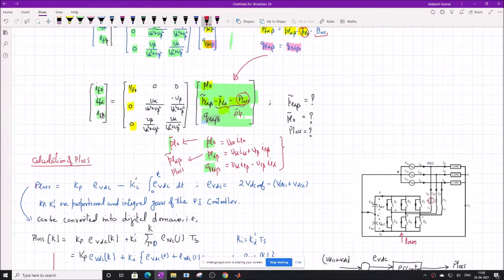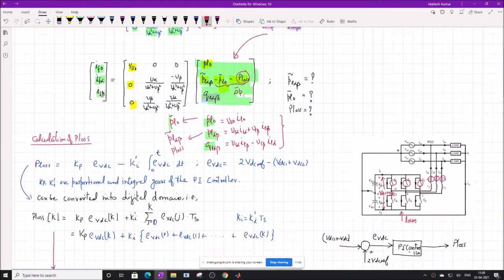So I square RF for phases A, B and C. These losses plus losses in the switching components, when they switch on and off, will take place. And these losses have to be accounted so that the DC link voltage is maintained. The VDC total, VDC1 plus VDC2, which is the DC link from this to this, this DC link voltage has to be maintained.